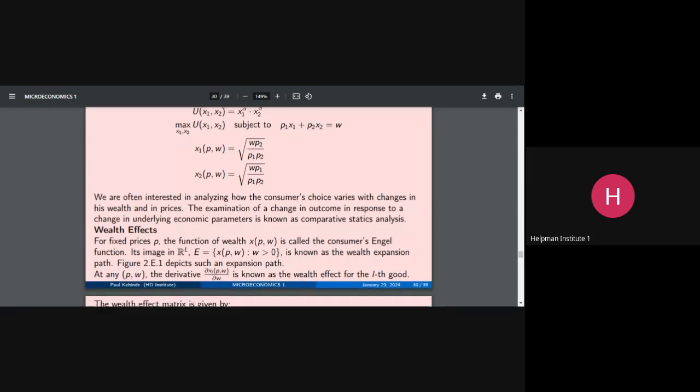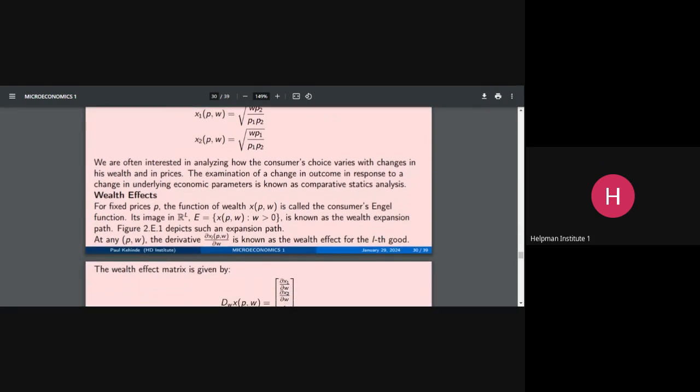Now, when we are looking at comparative statics, the analysis of how this constraint affects our demand correspondence, or the choice of demand we are making, we usually run into two effects.